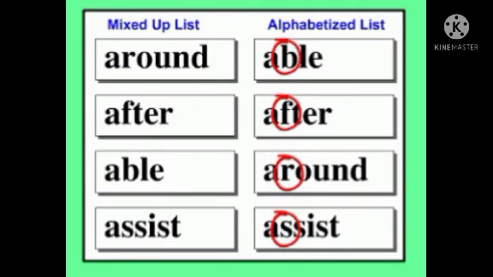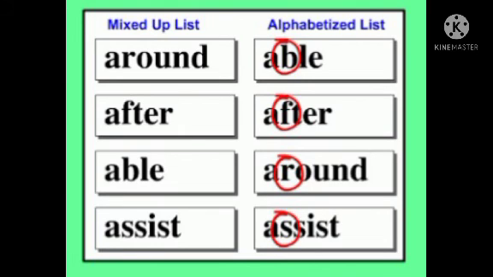Now, how to arrange them in the alphabetical order or ABC order? If all the words are starting with the same letter, how do we arrange them? Let us see. When two or more words begin with the same letter, we sort them by their second letter.